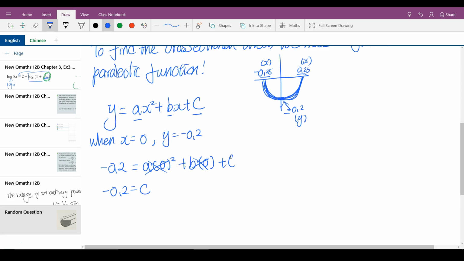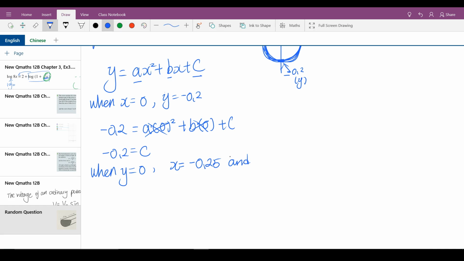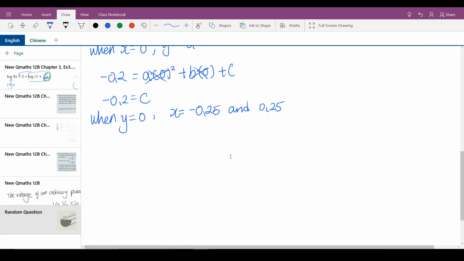So let's use the other 2 points, which will be our roots, with our x-intercepts. The other 2 points are when y equals 0, x is equal to negative 0.25 and 0.25. We've got 2 points here, right? So we can have 2 sets of equations.